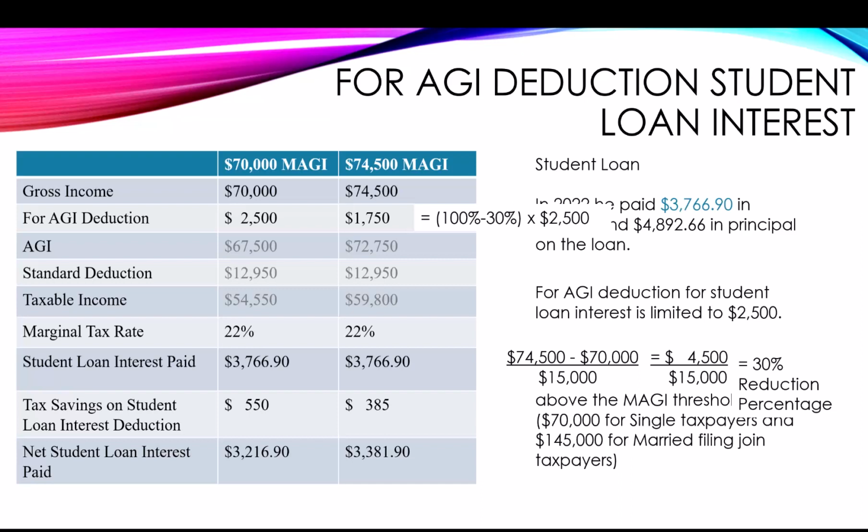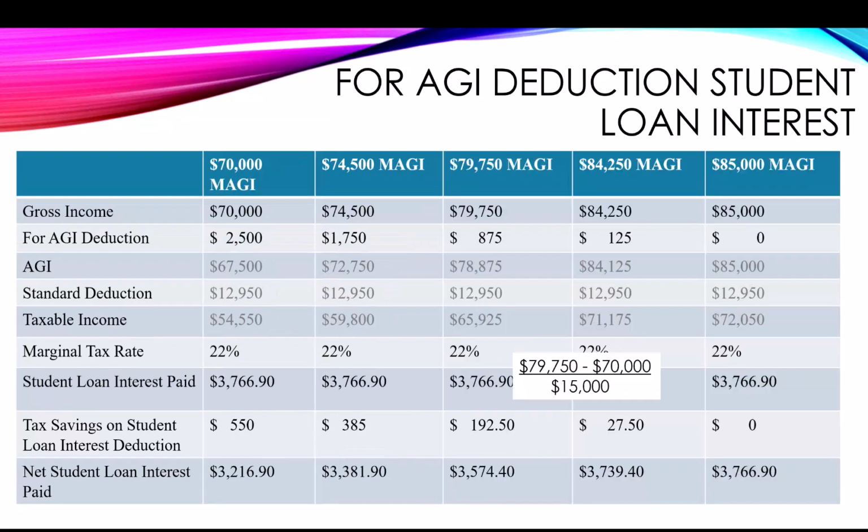This $1,750 for AGI deduction will yield him a $385 tax savings, thanks to him being in the 22% marginal tax bracket. And he would have to pay a net student loan interest of $3,381.90. So he still receives a tax benefit, but because he has high MAGI, he's going to have some of that tax benefit reduced.